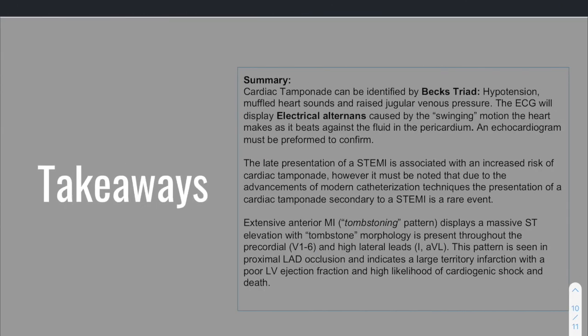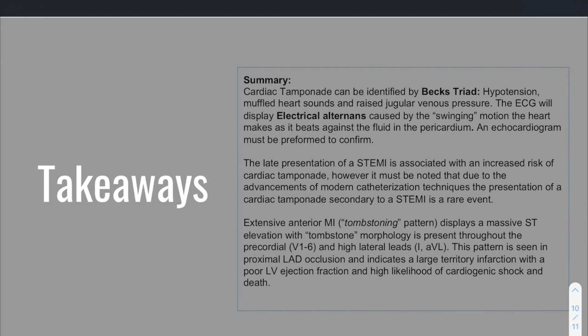So quick takeaways: cardiac tamponade, you're going to have a history with Beck's triad, hypotension, muffled heart sounds, and raised JVP, and then your ECG is going to show electrical alternans, which is caused by the swinging of the heart, and you'll see that varied amplitude in QRS with each beat. There are many causes, right?